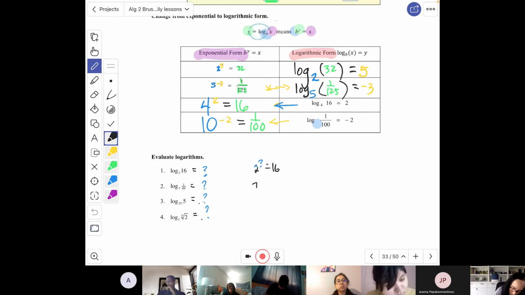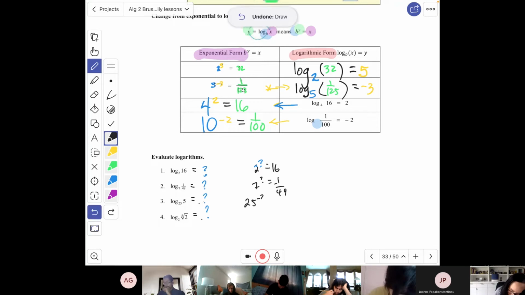So in other words, this would be 7 to what power equals 1 over 49. This would be 25 to what power equals 5. And this would be 2 to what power equals the 5th root of 2.